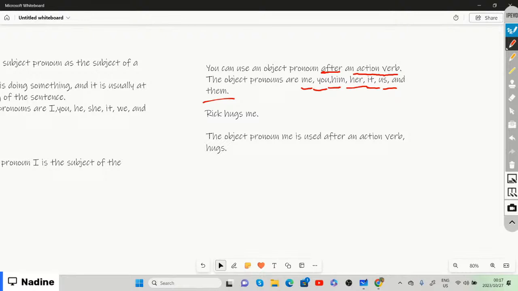For example, Rick hugs me. So if we look at the singular pronoun, in the sentence Rick hugs me, me is the object pronoun.